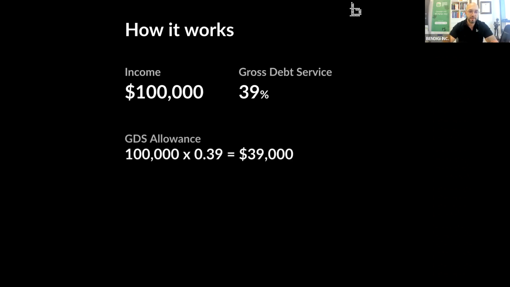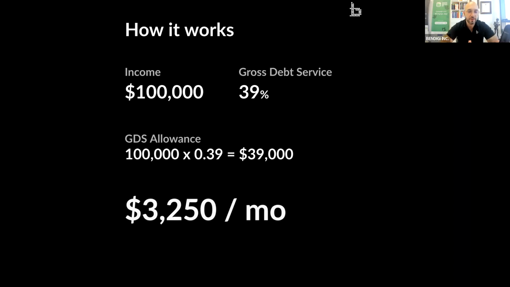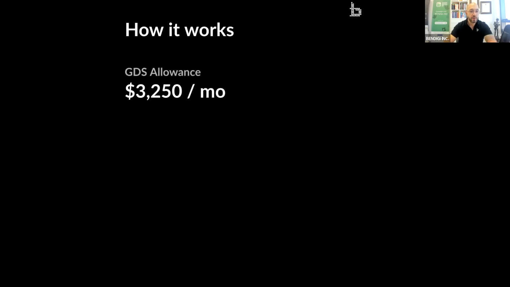So if you do the math, 39% of $100,000 annual is $39,000 per year. That's how much you can spend at most on home expenses and mortgage payments, which works out to be $3,250 per month. That's 39,000 divided by 12. Very, very simple. So that's the first step. Now we know what our allowance is, $3,250.